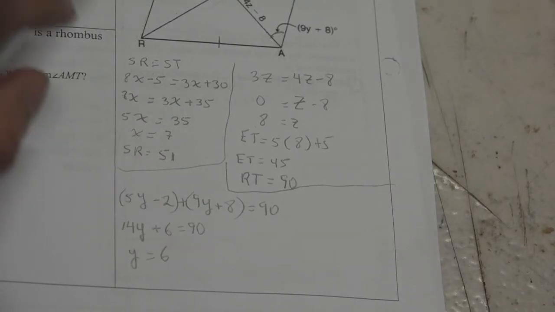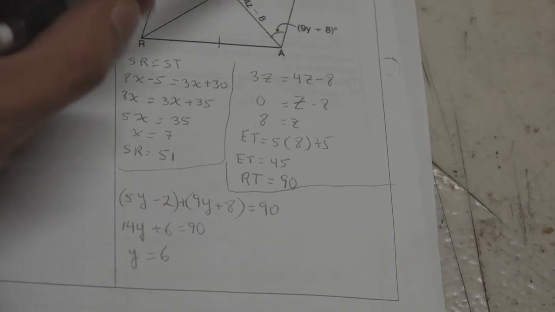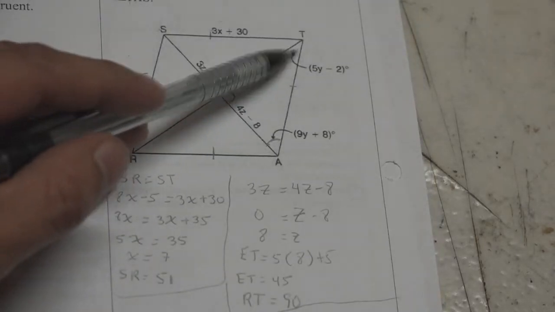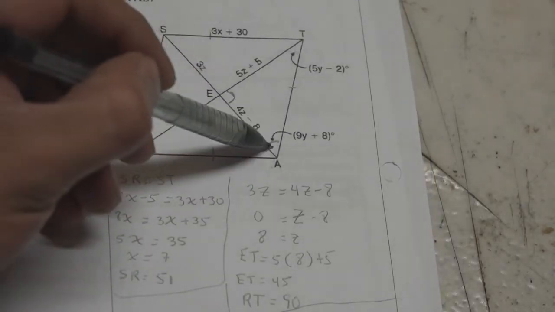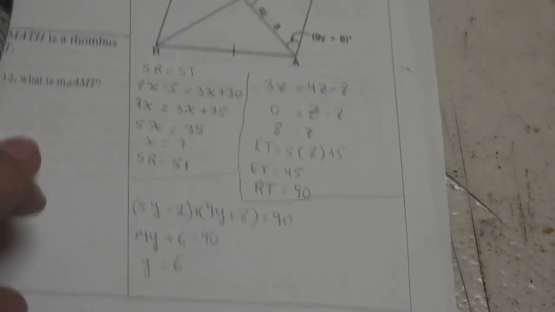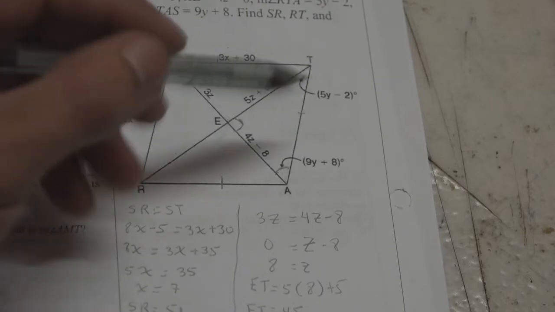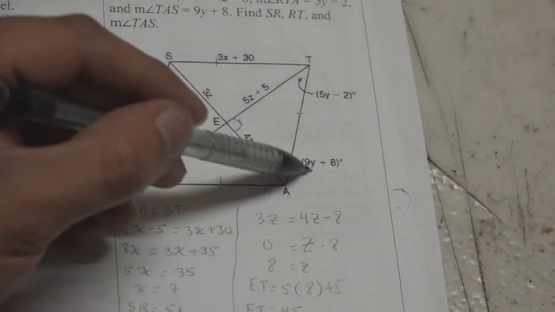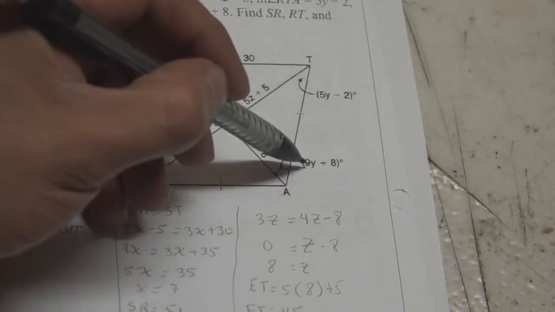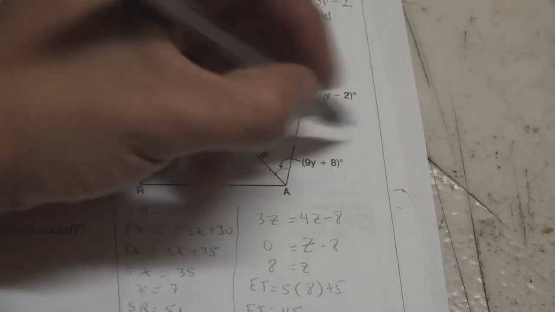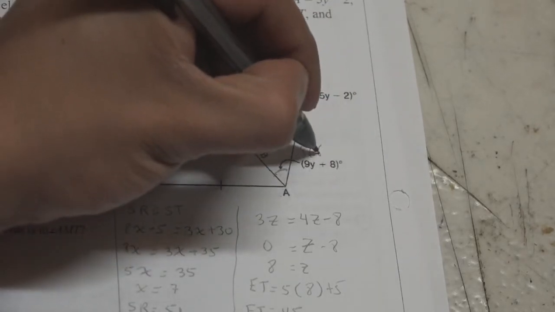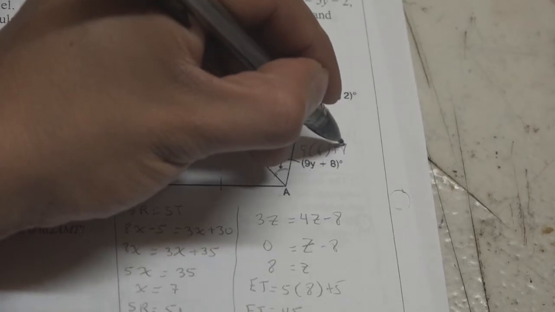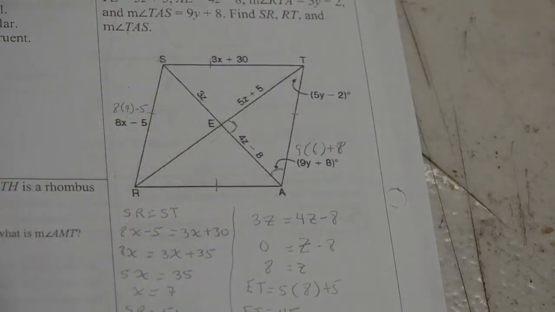Now, the measure of angle TAS, the measure of this angle right here. All I have to do is substitute the 6 that I found here into the algebraic measure of the angle. So this is 9 times 6 plus 8. All right. So 9 times 6 is 54.